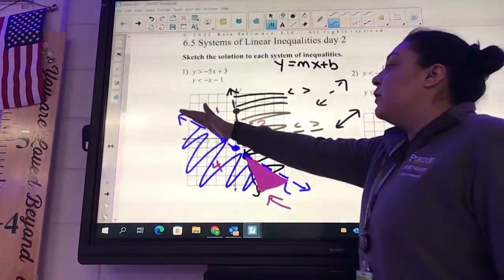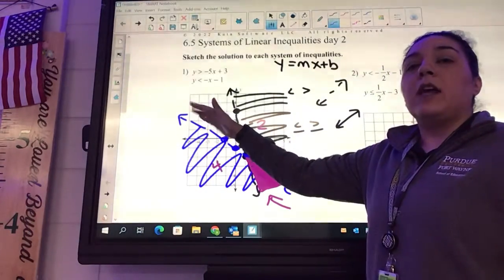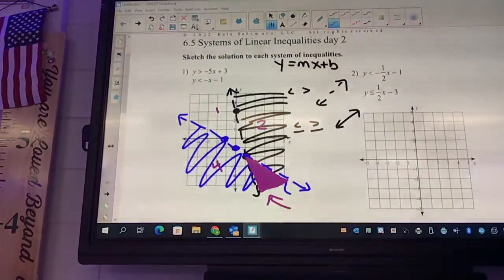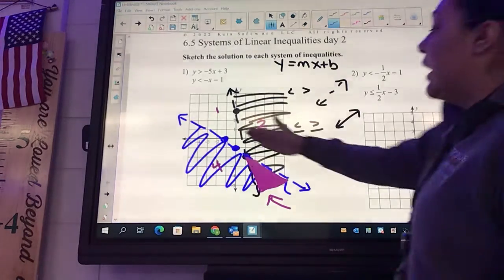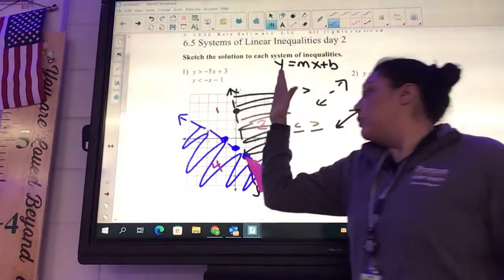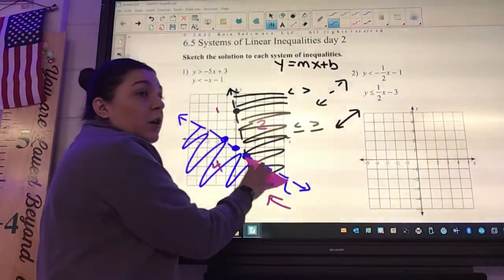So if we're talking in terms of money, that's what's happening with this graph. You need to have at least $1 to go to Chick-fil-A. But if I have $10, can I go to McDonald's? Yeah. Can I go to Chick-fil-A? Yeah, I definitely can. So I could either eat at just McDonald's or at just Chick-fil-A, or maybe I have enough money for both. That's what we're talking about with the graph.